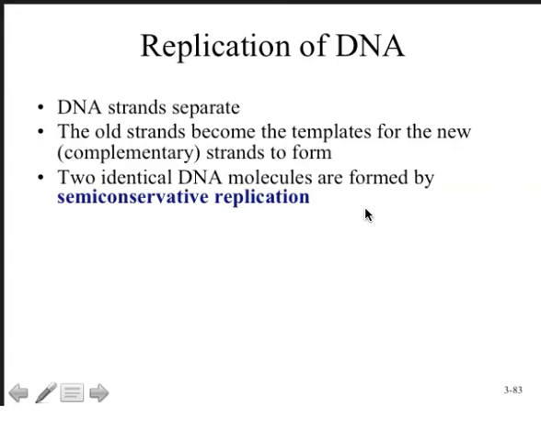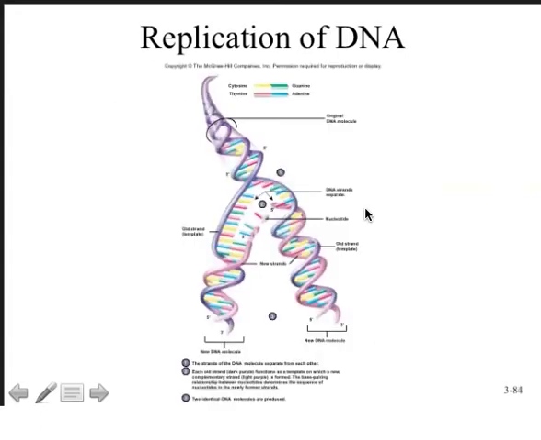And that was really the huge breakthrough that came about as a result of elucidating the structure of the DNA molecule. This is a look at how this operates. You can see here that at very special spots along the DNA molecule called origins of replication, the double helix will open up.